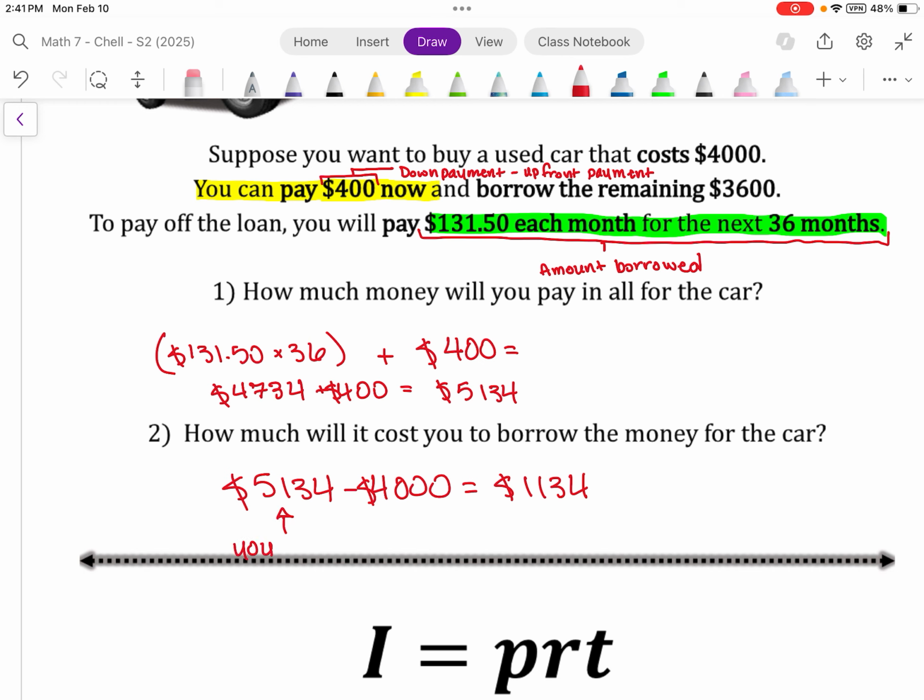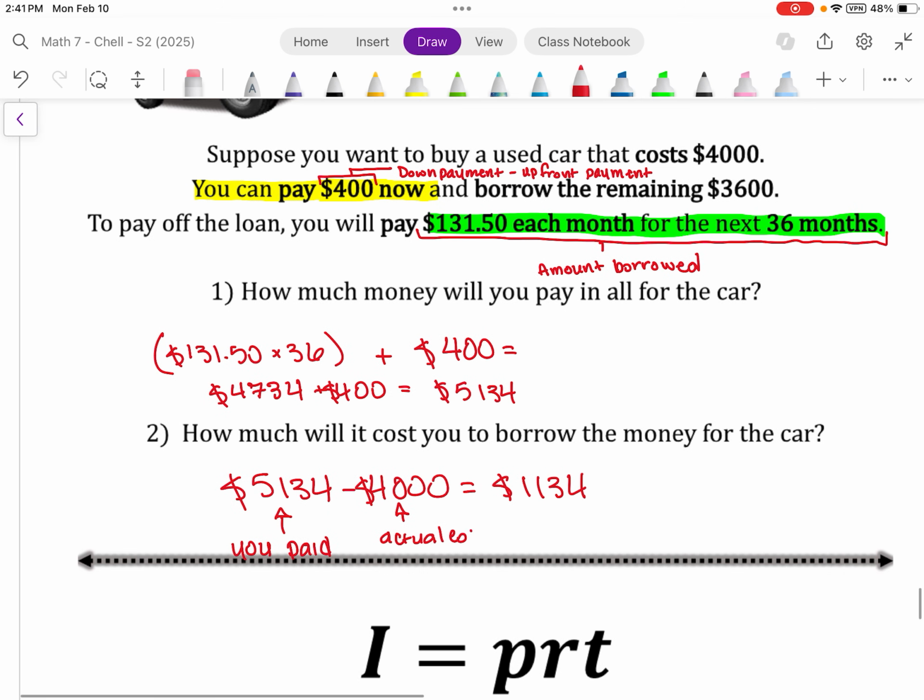That means you paid this much when the actual cost was $4,000. That means you paid an extra amount of money.